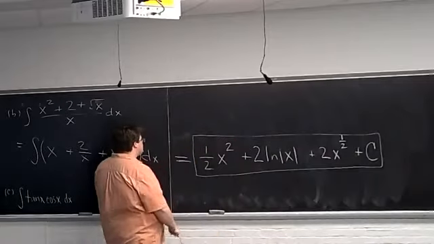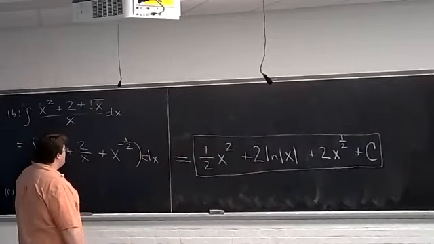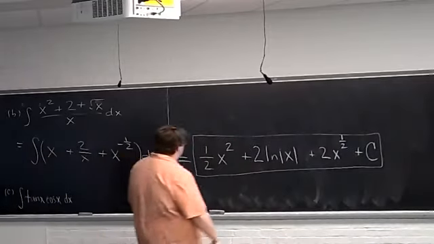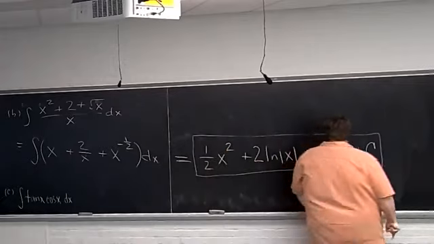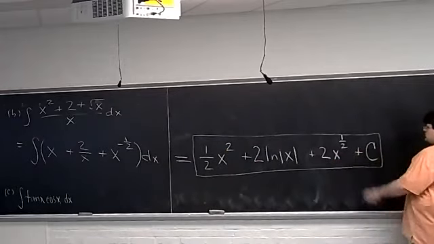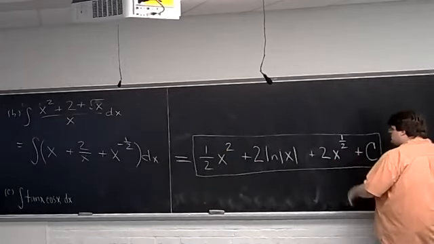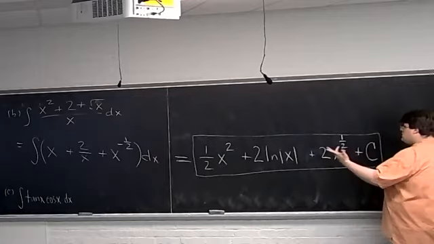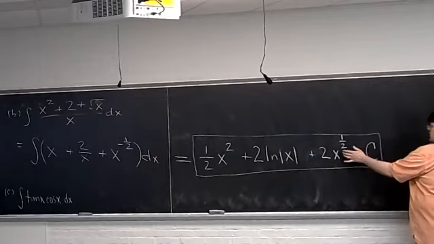Derivative here, 2x times a half, okay. Derivative of the next piece, 2 over x, okay. Derivative of this piece, 2 times a half, that cancels, x to the negative half. Derivative of this piece is 0. So this does look right.